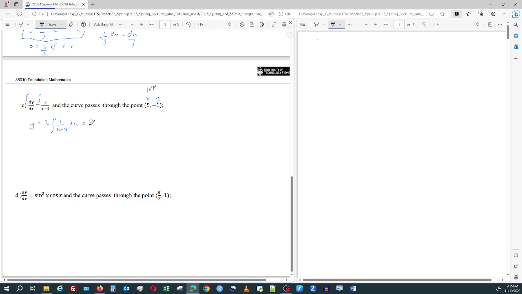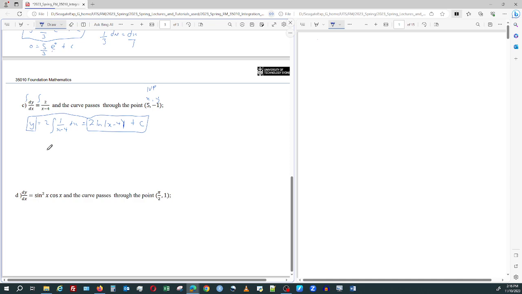So it'll be ln of x minus 4 plus c. So that represents our general solution.